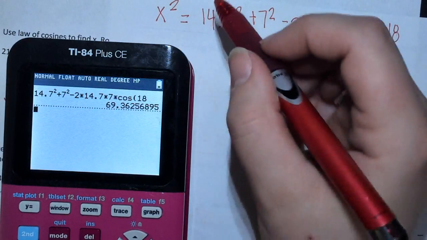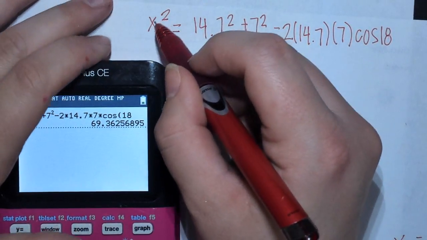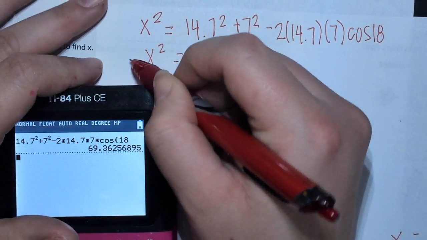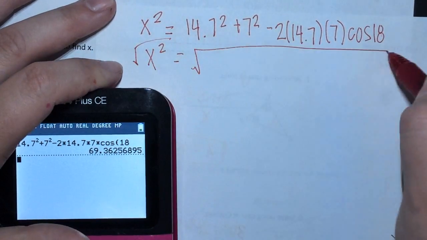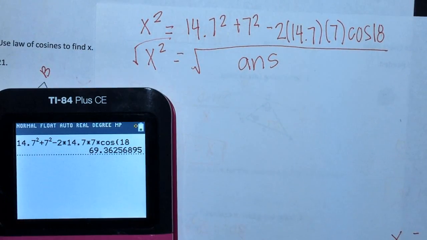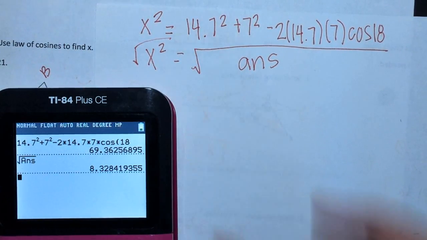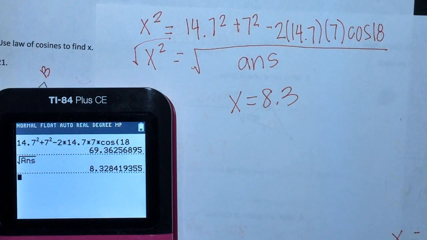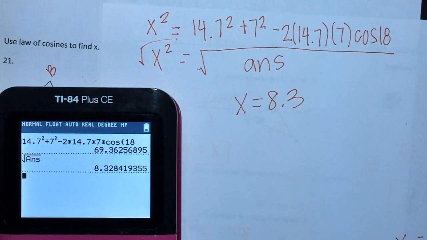You have to square root it, because right here, x is squared. So to get rid of that square, you have to take the square root of whatever this answer is. So to do the shortcut, I do second square root, second answer, and you get x is equal to 8.3. I have to press second to get my square root button.